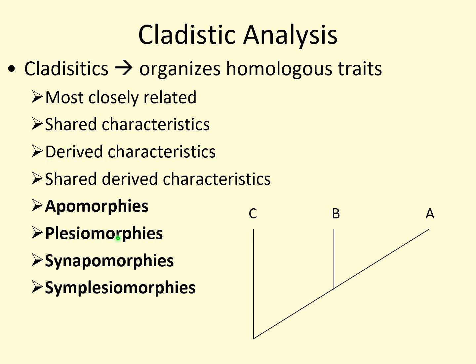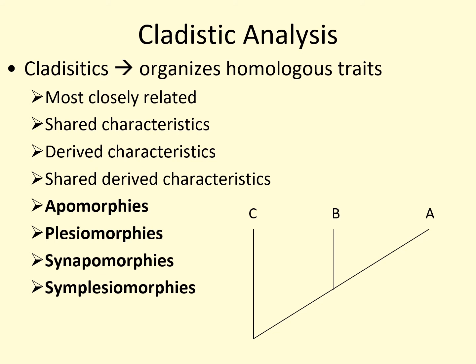A plesiomorphy is more of a primitive characteristic, a characteristic that the outgroup shares with the in-group. So C, for example, will be our outgroup, and B and A are our in-group. A plesiomorphy is going to be a characteristic that C, B, and A have in common.